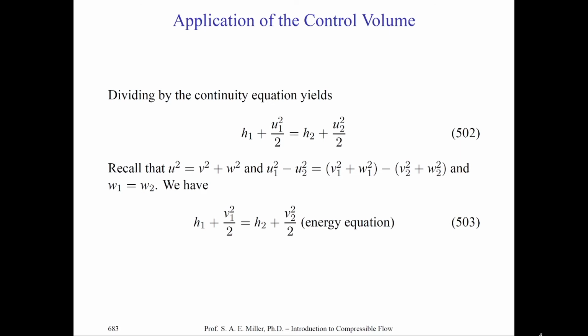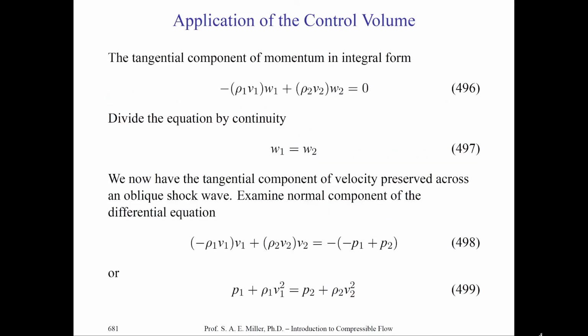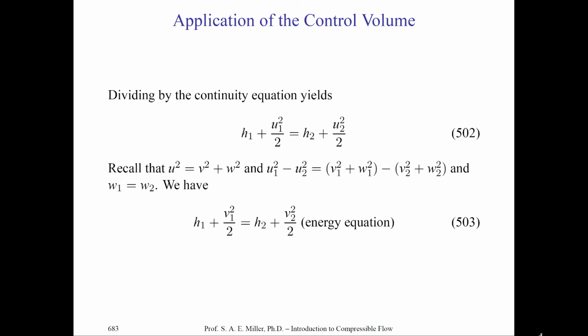Also recall from the momentum equation, tangential form, W1 equals W2, as we just derived in equation 497 of the slide deck. Using these two forms and substituting, I can now find the particular reduction of the energy equation, which is H1 plus V1 squared over 2 equals H2 plus V2 squared over 2, which of course is our energy equation applied over a planar oblique shock differential element.